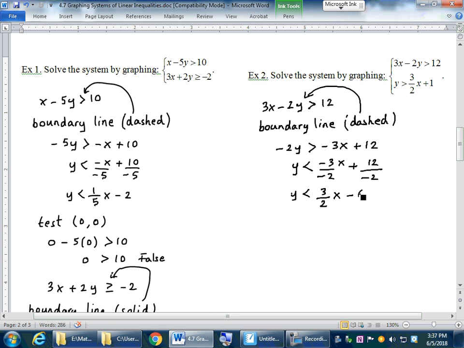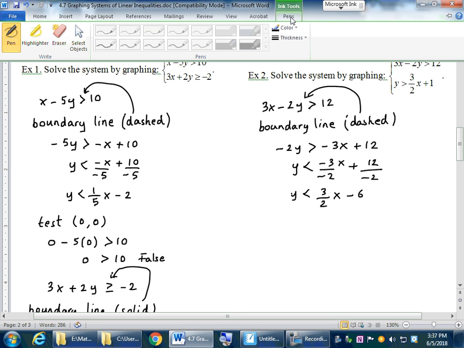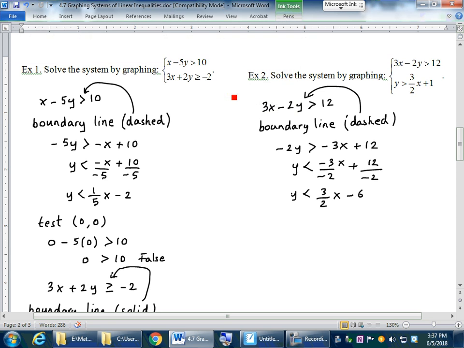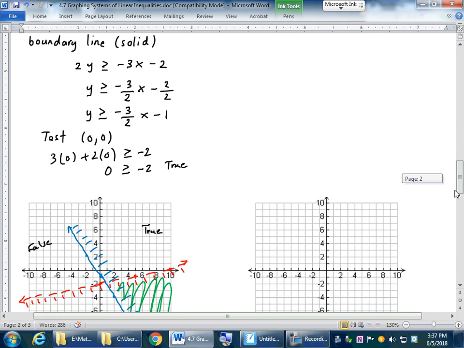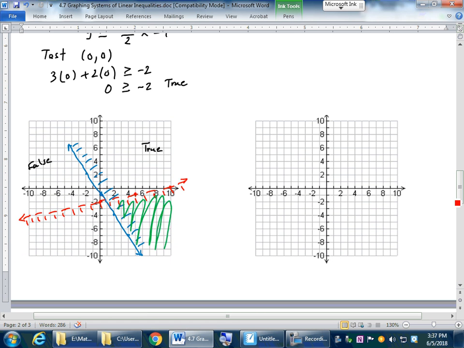So this helps us to graph it, right? Graphing the first inequality, my y-intercept is negative 6, my slope is 3 over 2. So here's negative 6, that's my y-intercept. The slope is 3 over 2, so go up 3 units and to the right 2 units.